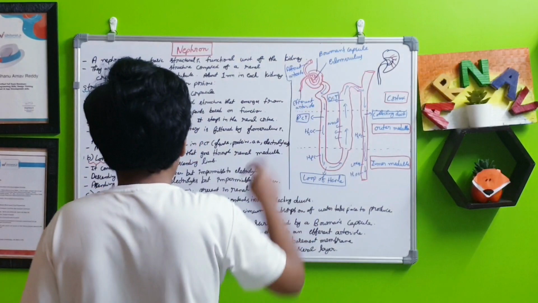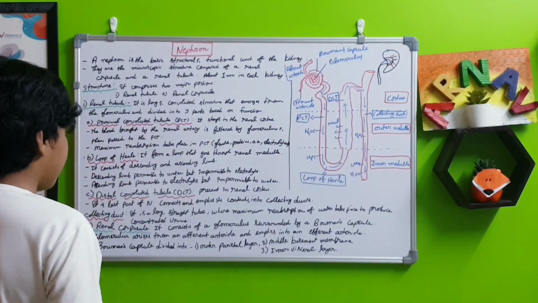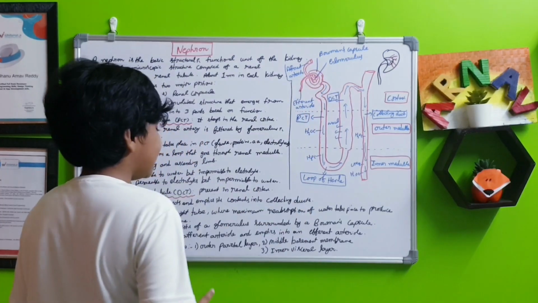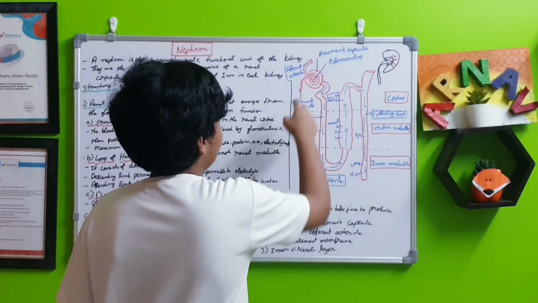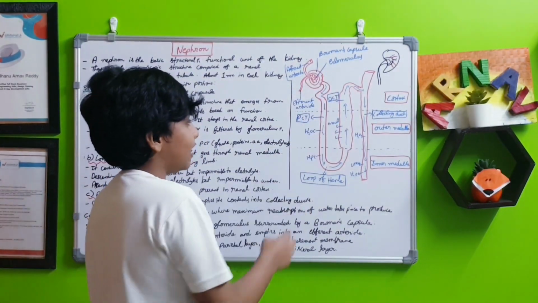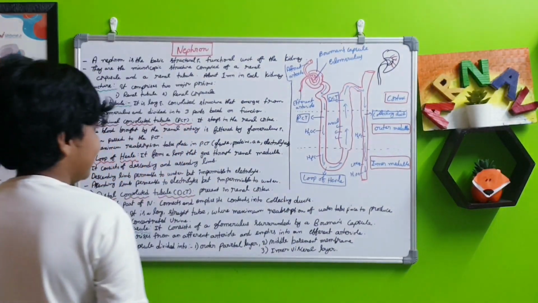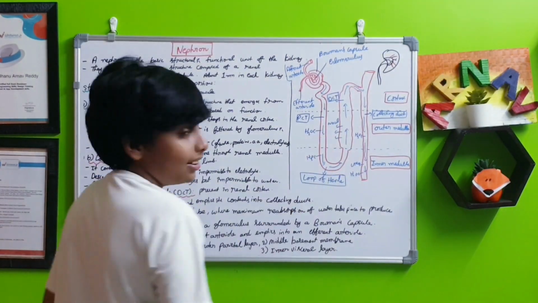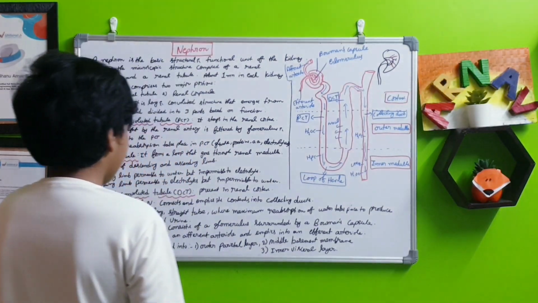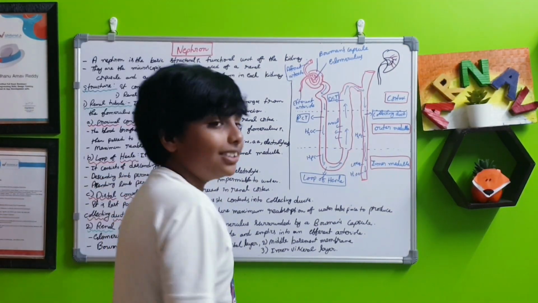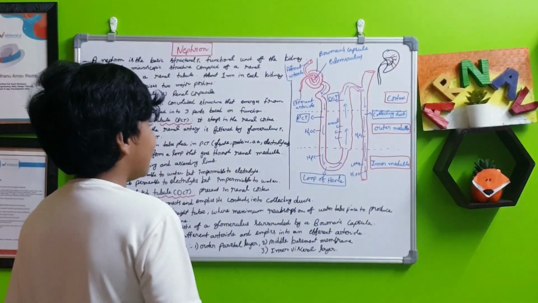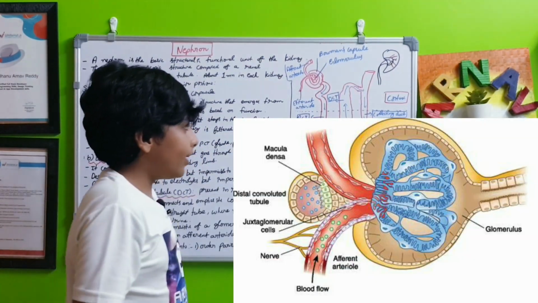The glomerulus arises from an afferent arteriole, which is the entering one, and empties into an efferent arteriole. Only small molecules like water and amino acids can go through the tubule and later be reabsorbed, while larger things like blood cells or platelets will be taken out by the efferent arteriole.